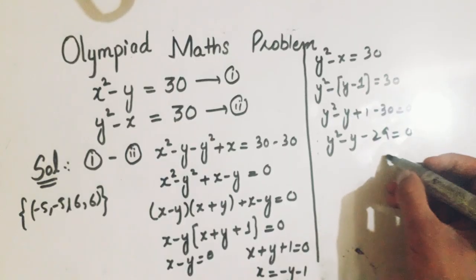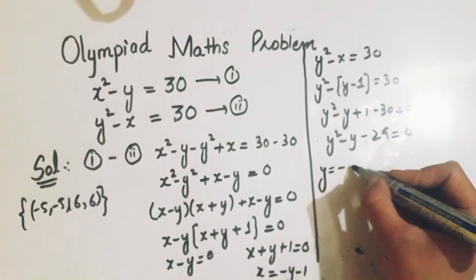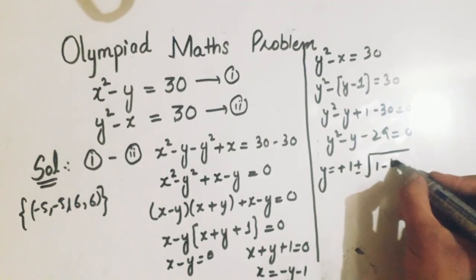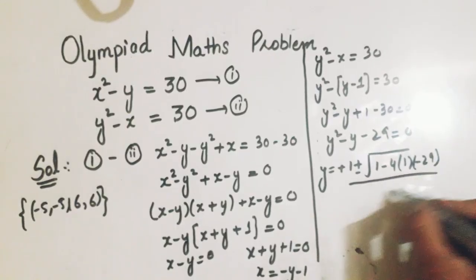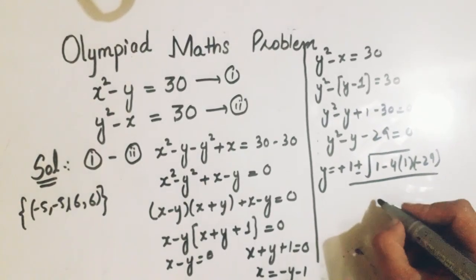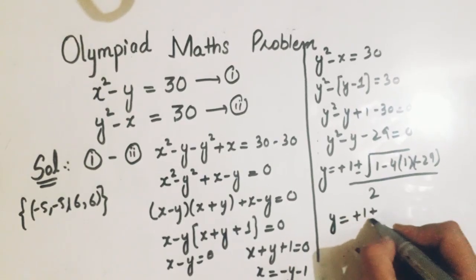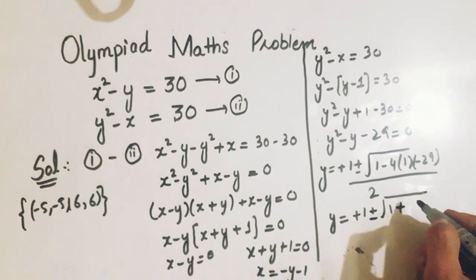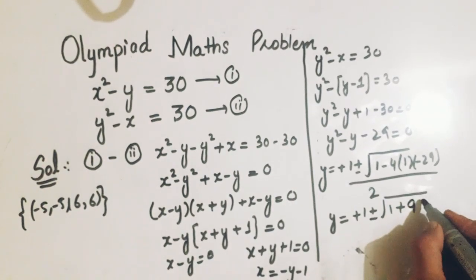Then we substitute in the quadratic formula: minus b plus minus root of b square minus 4ac, where a is 1, b is 1 and c is minus 29, divided by 2. So y equals minus 1 plus minus root of 1 plus 116 divided by 2.